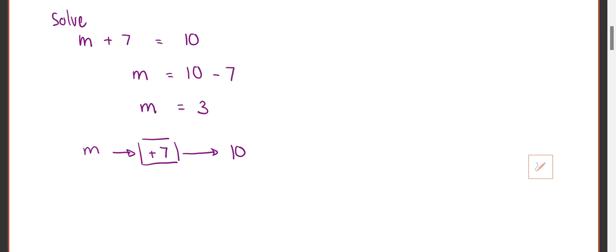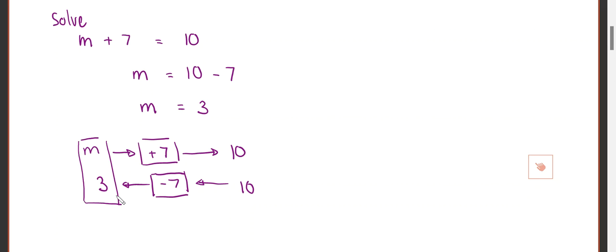So we start with the 10 and go backwards and ask, what is the inverse of adding 7? Minusing 7. So 10 minus 7 is 3. So m must be 3. Now that's a very simple case.